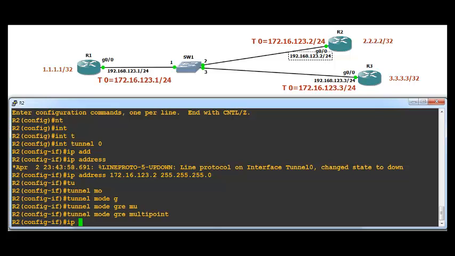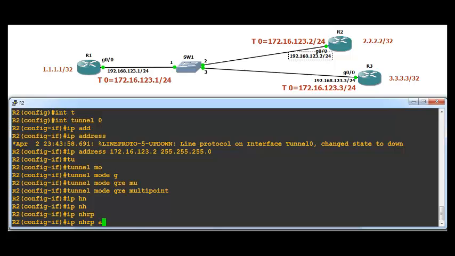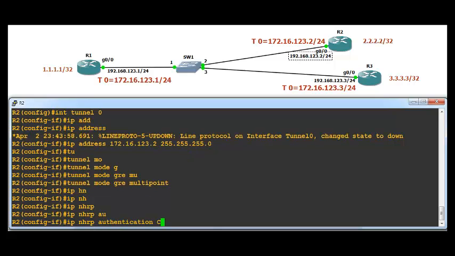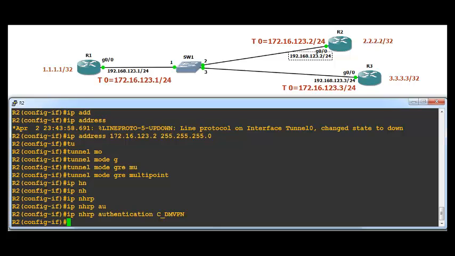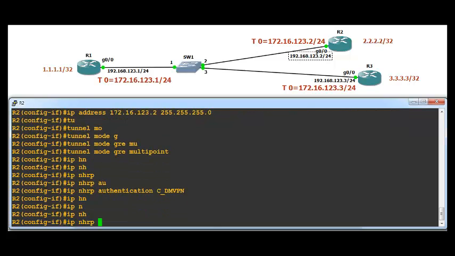And as you already know, the password should be the same. IP NHRP authentication, I think I gave it there as C_DMVPN. It should be the same case, whatever special characters I used there, everything should be the same. And then IP NHRP network ID should be the same.